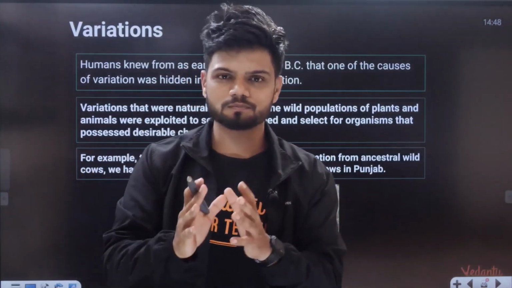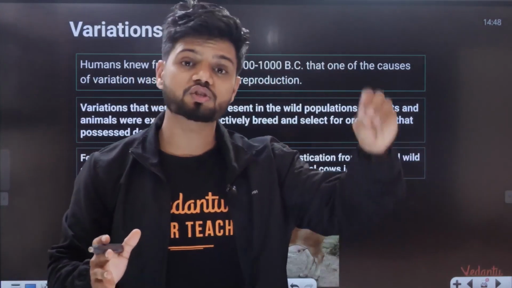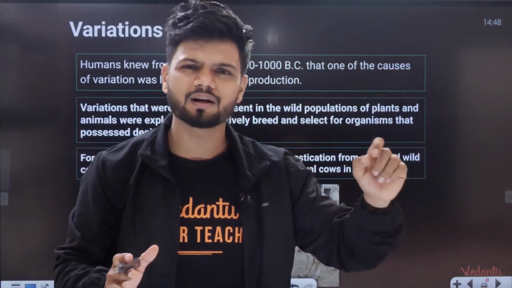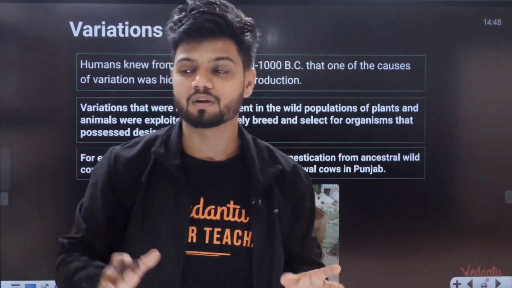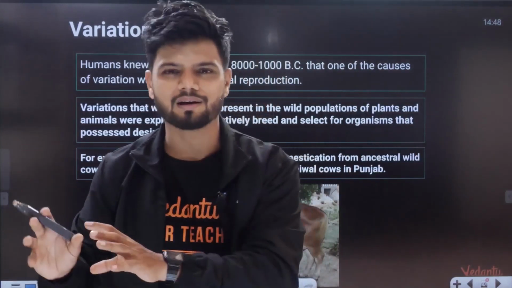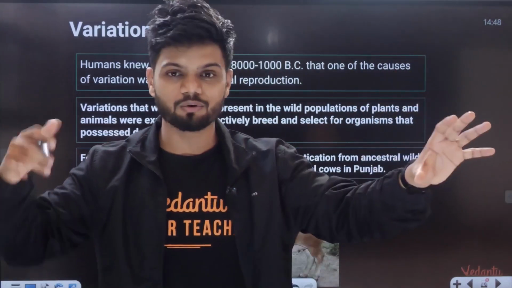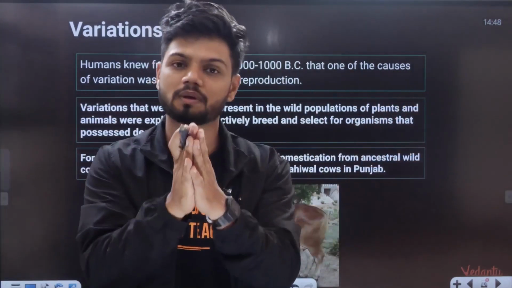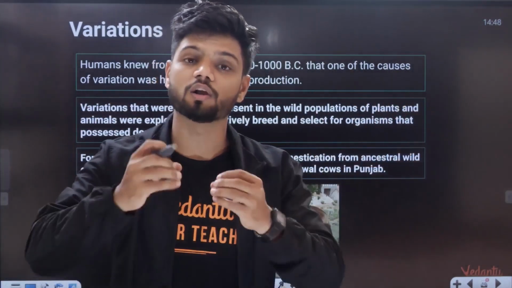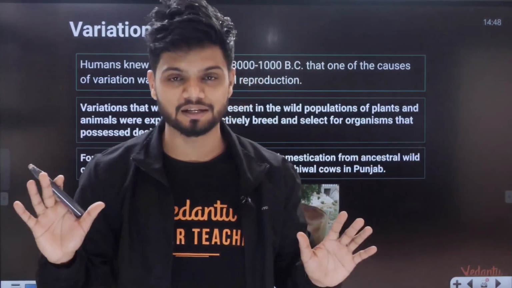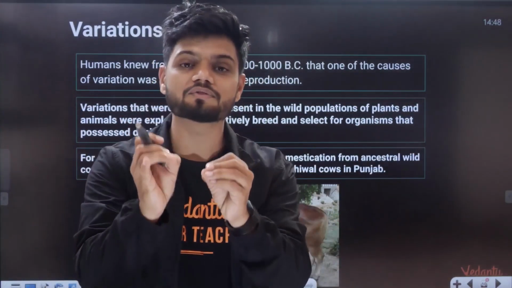So if I know one cow gives a lot of milk but catches disease very quickly, and I have one more cow that doesn't give milk but is very highly resistant, what will I do now? I will take these two cows and breed a baby between them, and that baby will eventually produce a lot of milk and will also be disease resistant. That is called artificial selection.